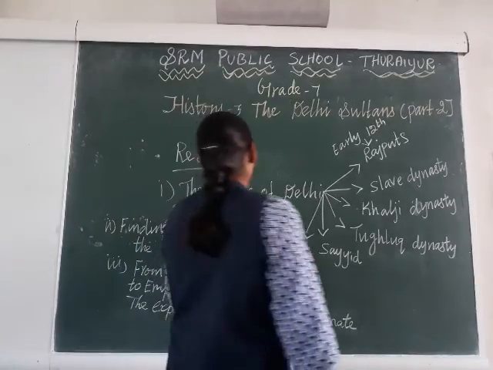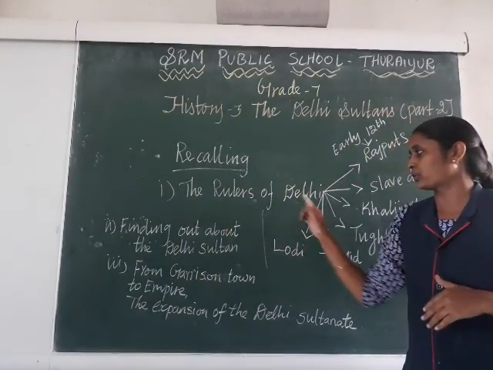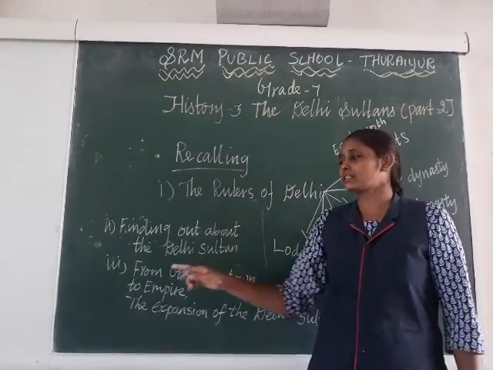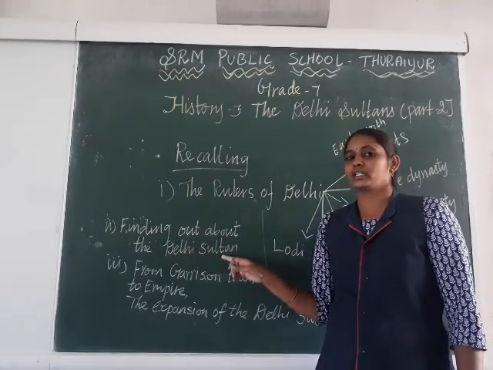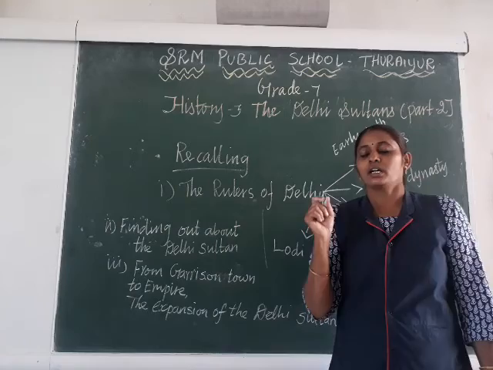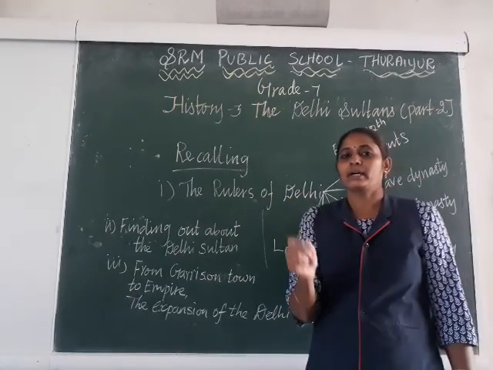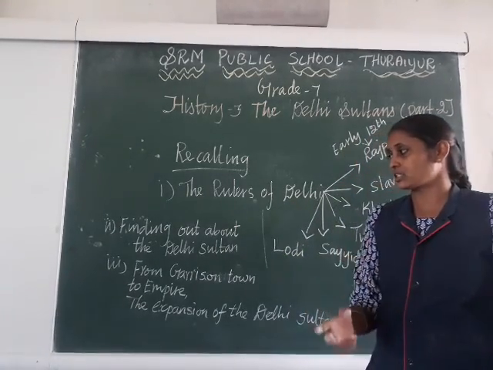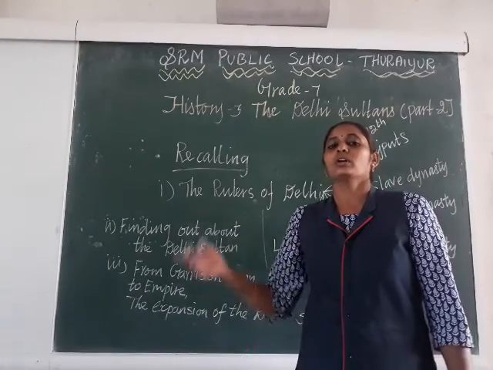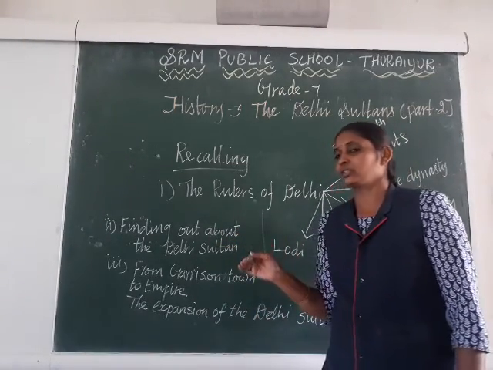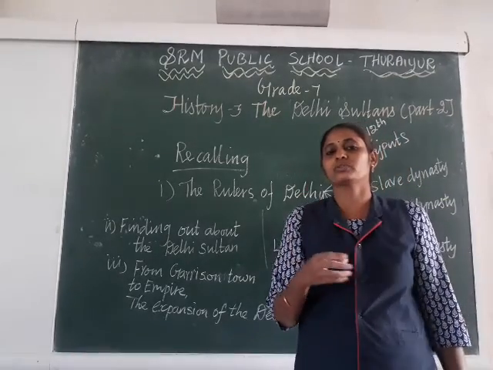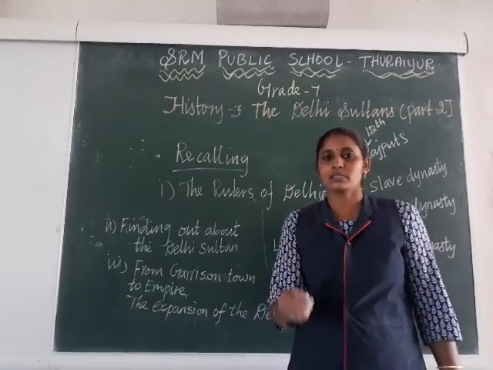Right? So we discussed the rulers of Delhi. Then we discussed finding out about the Delhi Sultanate. Through sources like inscriptions and manuscripts we come to know the ruling methodology of the Delhi Sultanate. The language they used for administration was Persian.